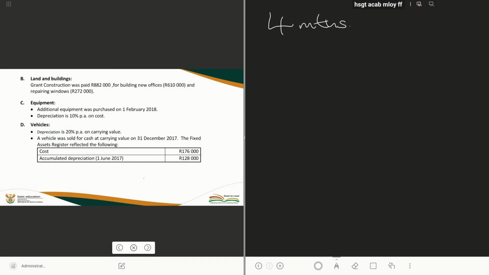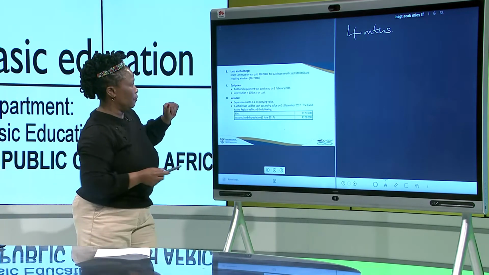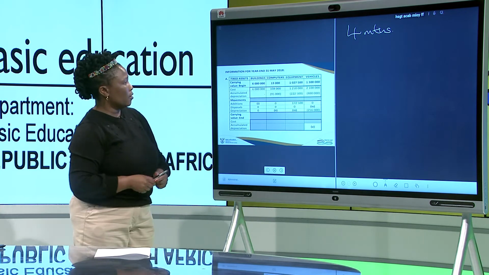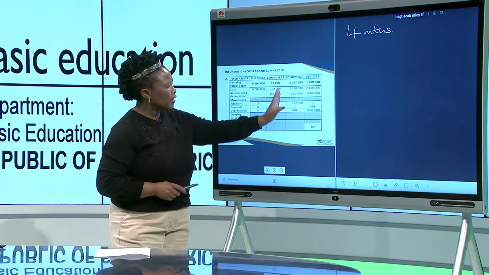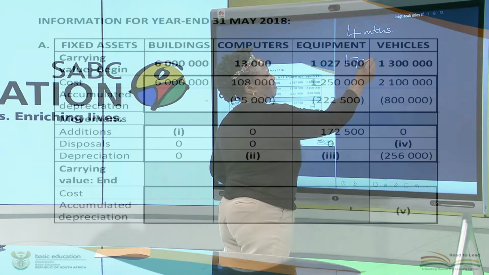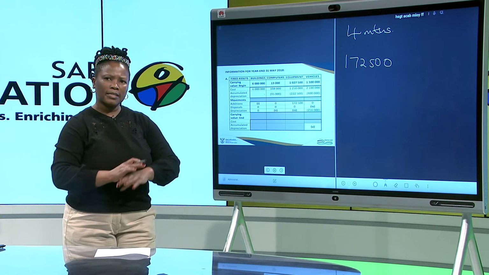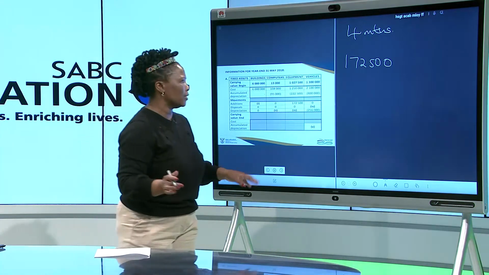We are now going to look at the cost price of the asset that was bought, but we need the previous slide for that information. Okay, let us look at the equipment. If you check, there was a movement in your assets. The new asset that was bought, it was bought for 172,500. Okay, that is the value of the asset. This asset has never been depreciated before.